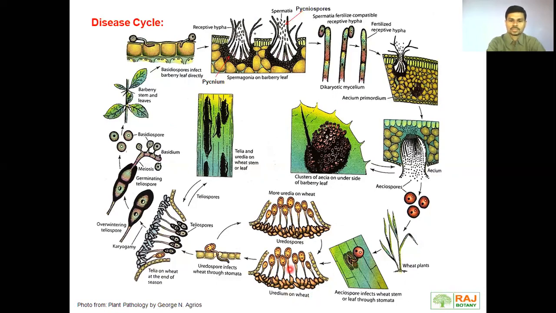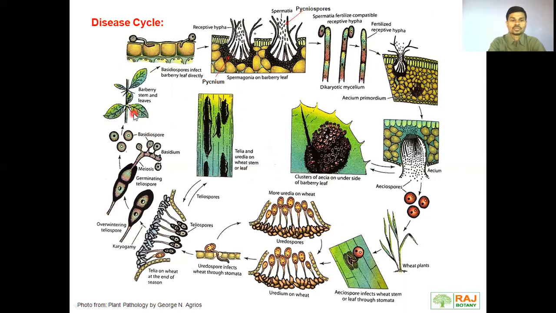There is a production of spores very low, exactly below the epidermal surface. From the spores there is development of the two-celled teliospores, and these teliospores, after their germination, produce the basidium, and on the basidium there is production of the basidiospores.